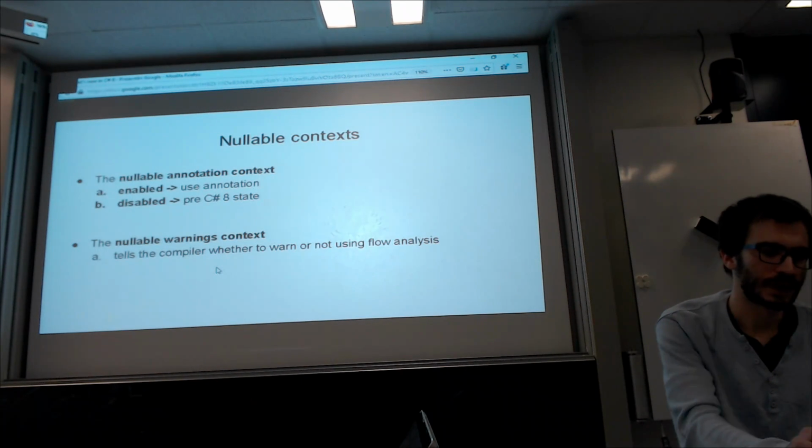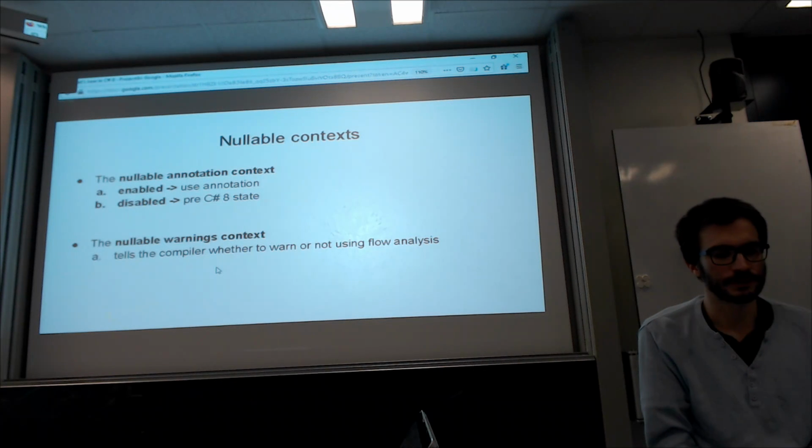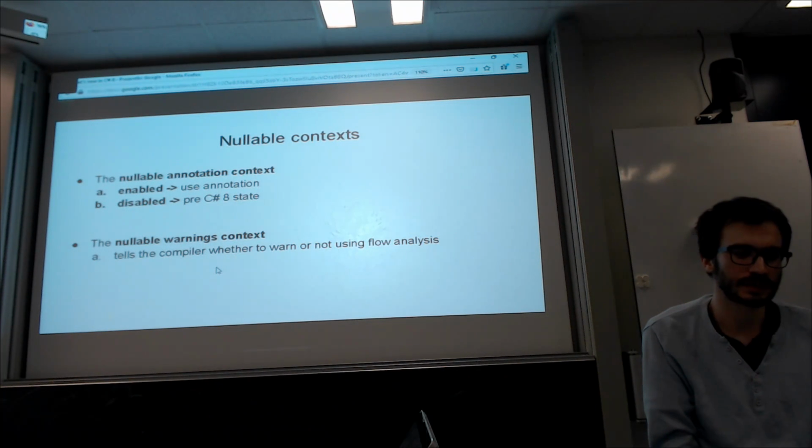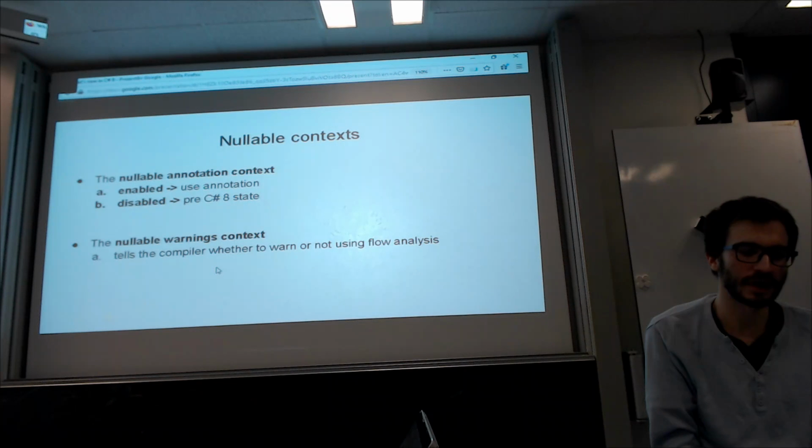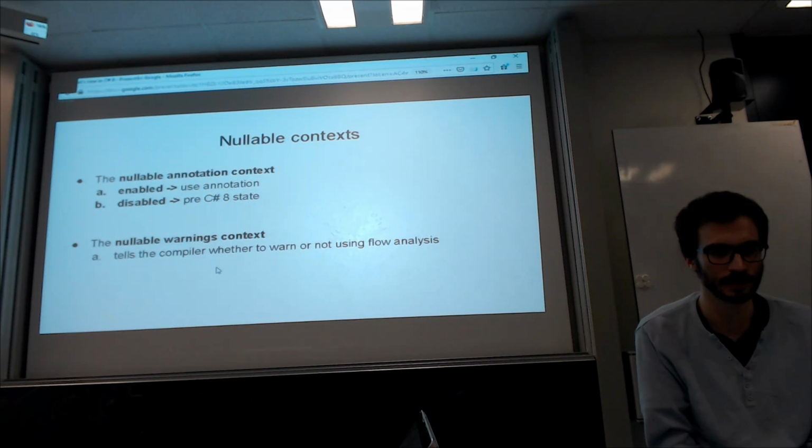Another terminology is nullable annotation context and nullable warning context. So it's two contexts the compiler runs with. If the nullable annotation context is enabled, you can use annotations to declare reference types as nullable.